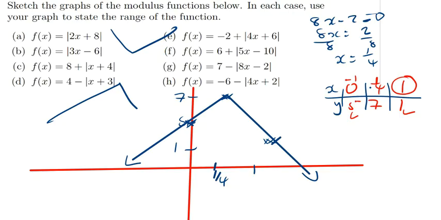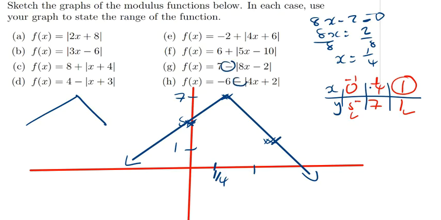I'm going to explain this using two concepts. Just before the modulus, there is a negative here. This negative tells me that this graph will come out like this. So because there is a negative here, there is a negative there, me personally, I'll be able to know that the graph will come out like that. But if you still don't understand like that, you are going to have only three points. So I have this point here, this point here, this point here.